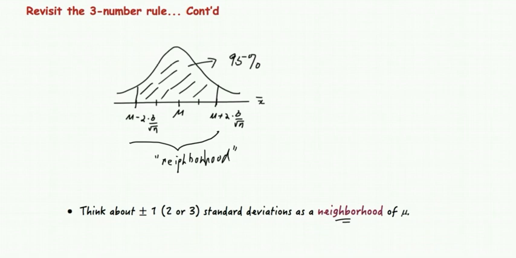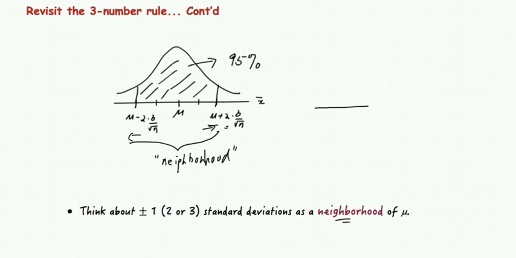So how big is this neighborhood? We can say this neighborhood is roughly 2 standard deviations big on the east side, and on the west side 2 standard deviations of mu. And how many sample means live in this neighborhood? Well, we say roughly 95%.